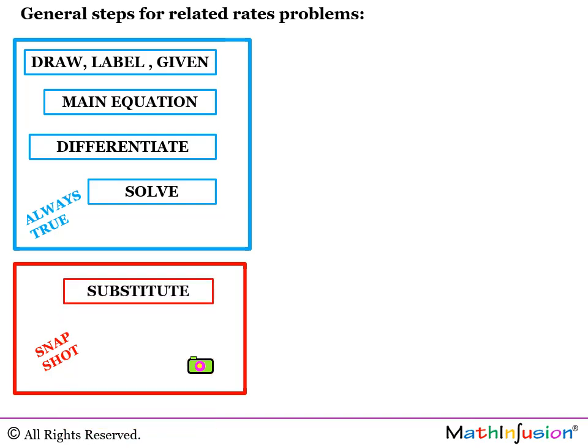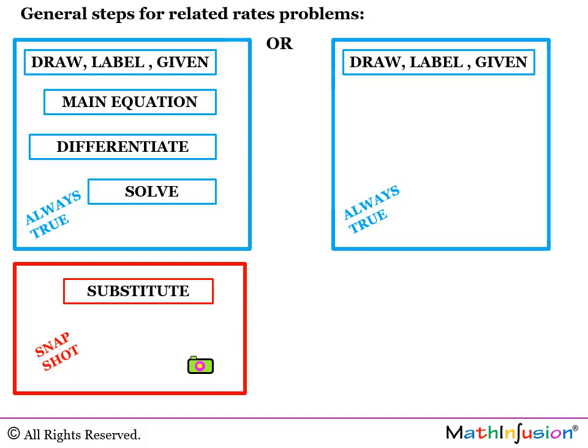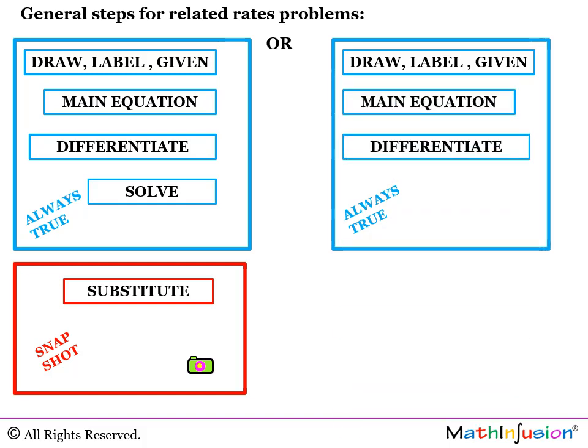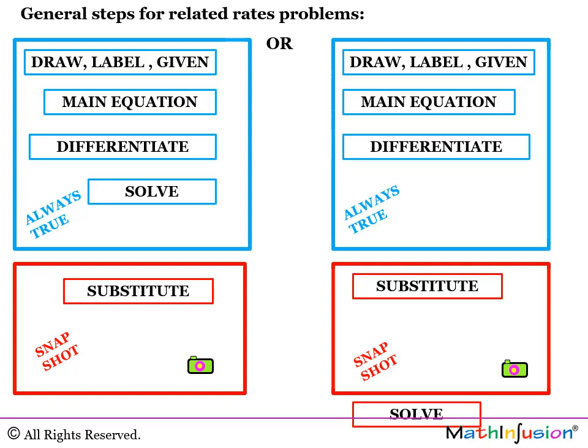In the snapshot, you will like to substitute all the numbers. Or you can first do the draw, label and given, find the main equation, differentiate that, and in the snapshot substitute everything and then solve for exactly what you need to find.